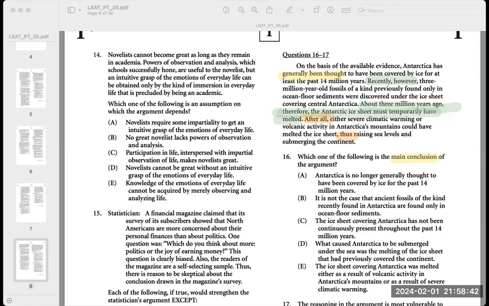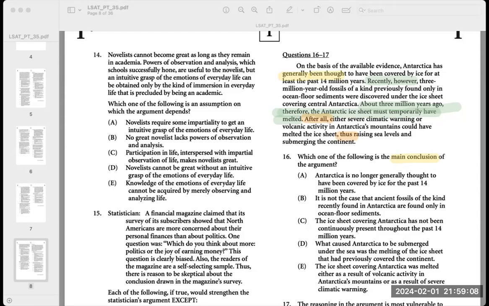Yeah, so traditionally thought being covered by ice all this time, but they found some stuff that was only found on the ocean floor, and it was discovered under the ice sheet covering central Antarctica, and so they're saying it must have temporarily melted.